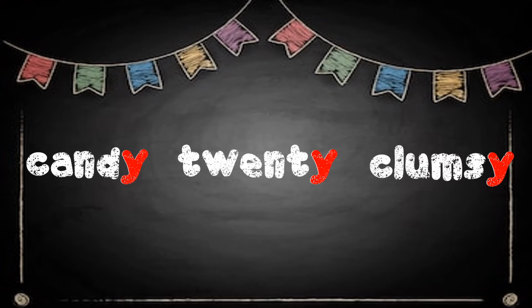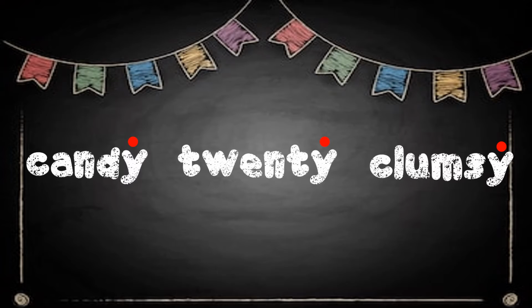We code Y's when they act like vowels with dots on top of them. How many syllables are in each of these words? Candy, twenty, clumsy. There are 2 syllables in each of these words. These words are 2-syllable words, so we will use our syllable dividing pattern to divide them before coding.